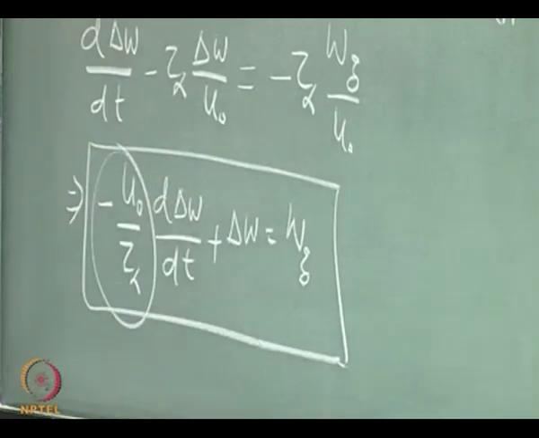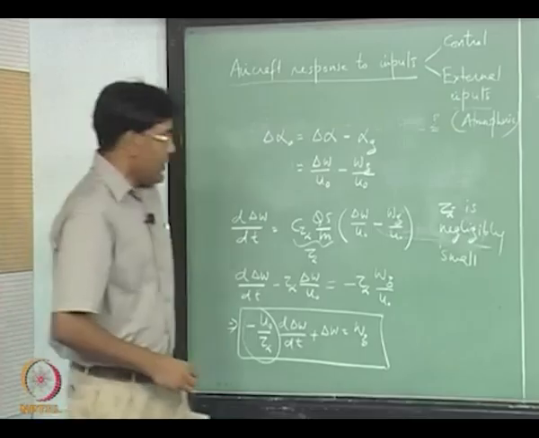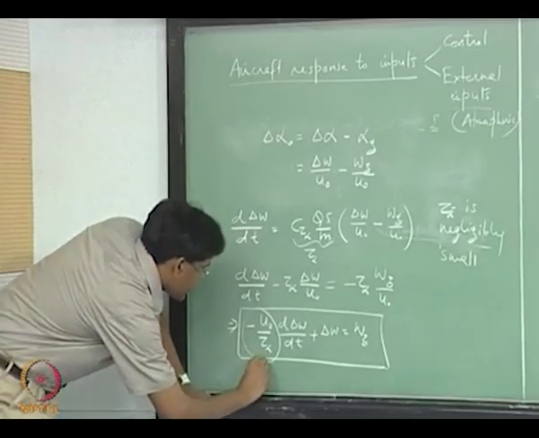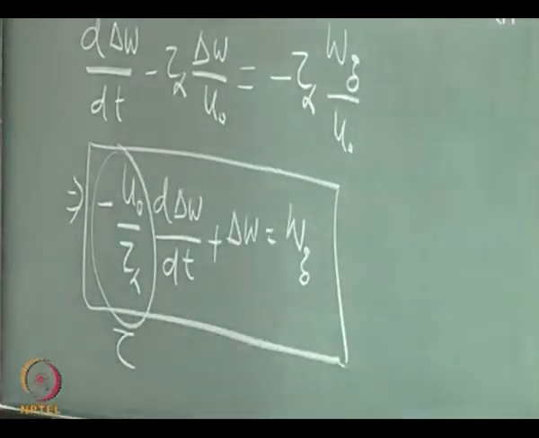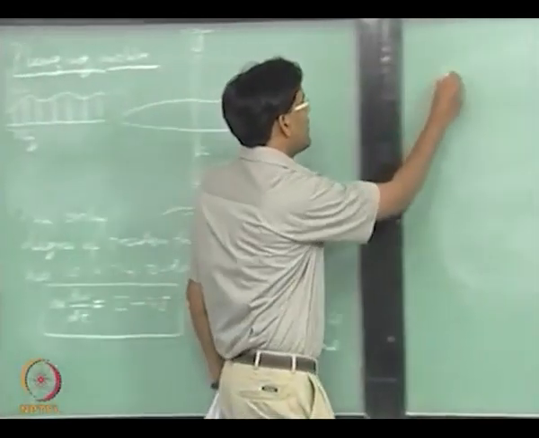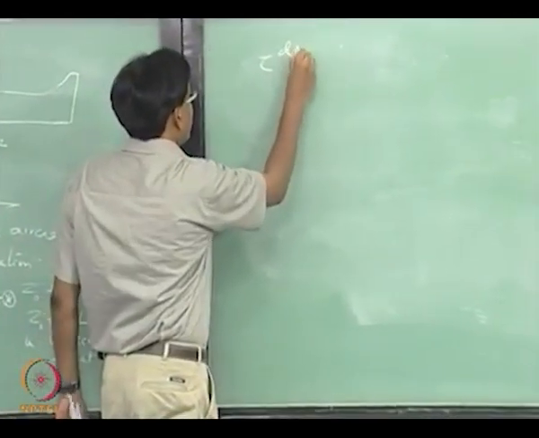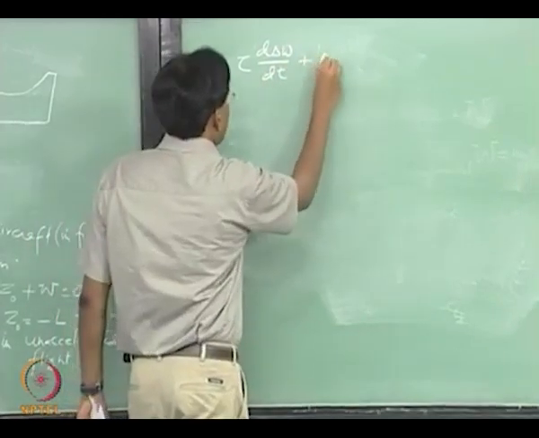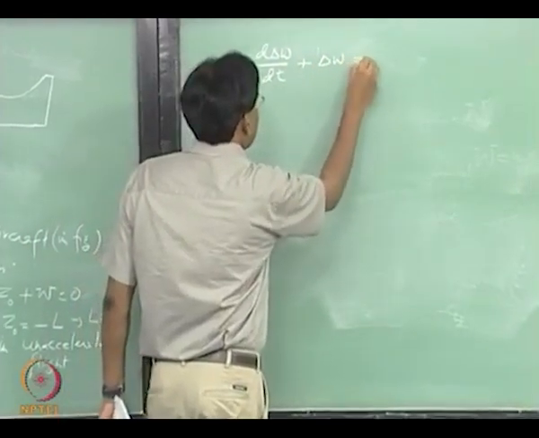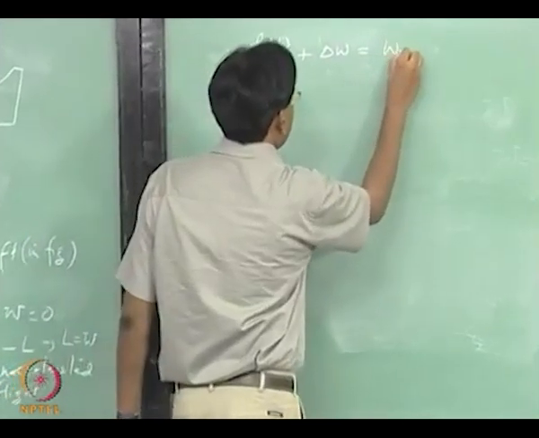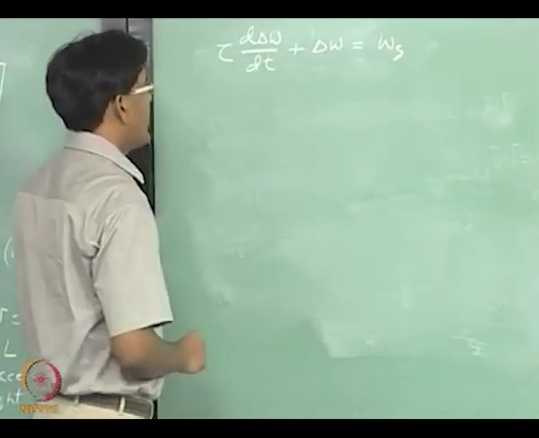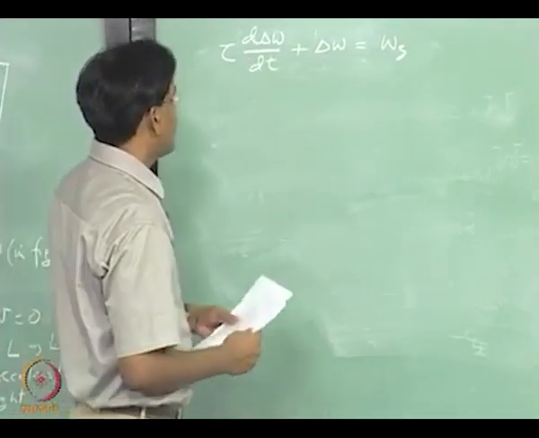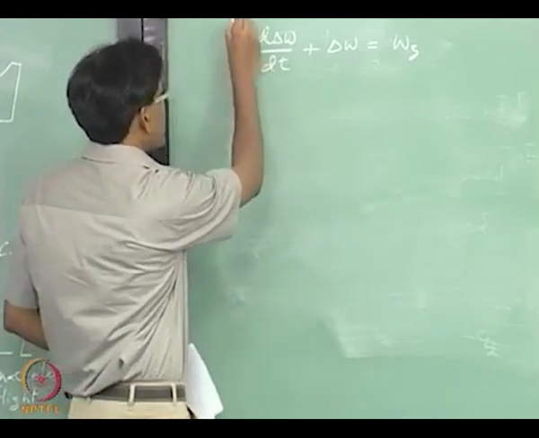It is acting as an input. So call this tau, which is the time constant of the motion, and try to solve this equation.